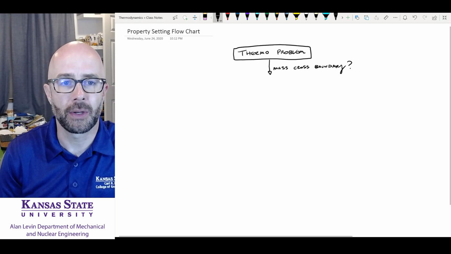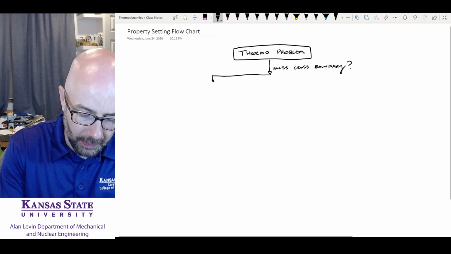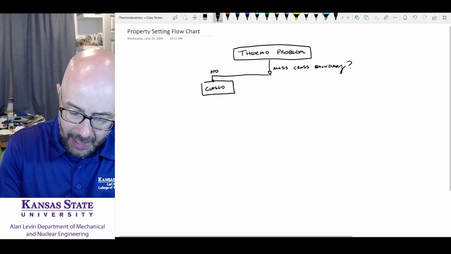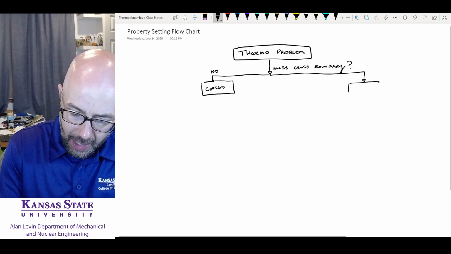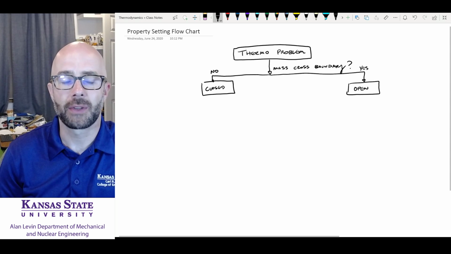If the answer is no, then you have a closed system. If the answer is yes, then you have an open system. That's the only question we ask: does mass cross the boundary?